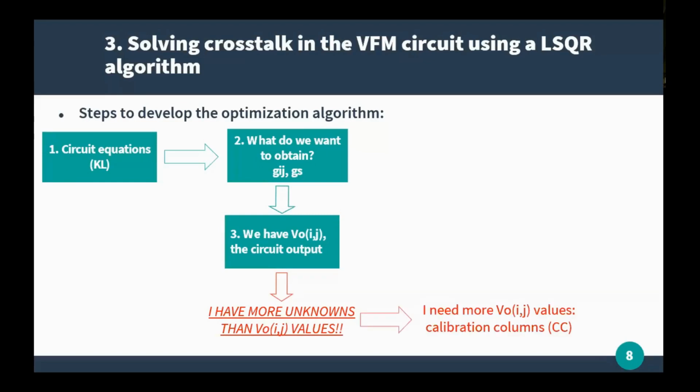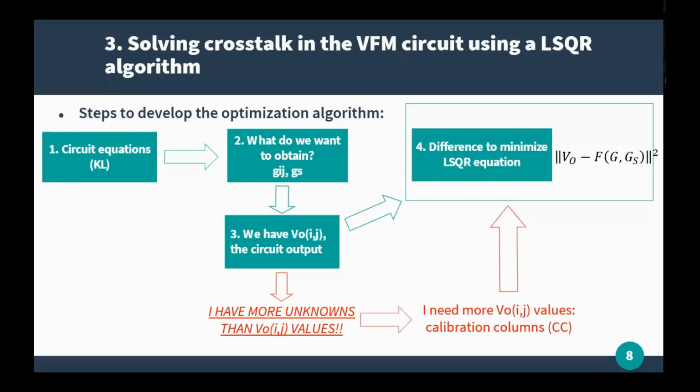So we have to add calibration columns, which are columns of resistances of known values, which are stuck to one of the sides of the circuit. And this also provides us output voltages. And with this information, I already have enough output voltages to obtain the equation. And that is the equation proposed here.